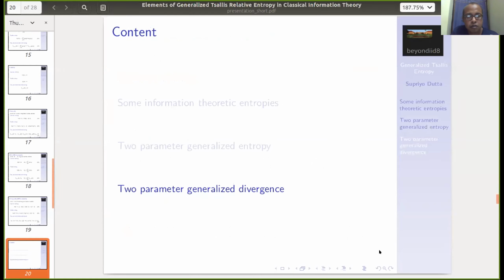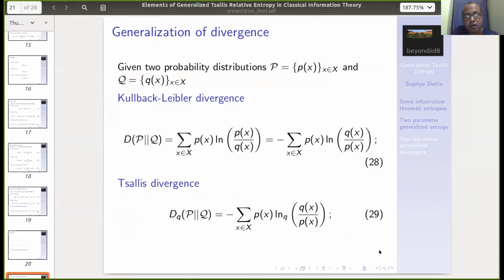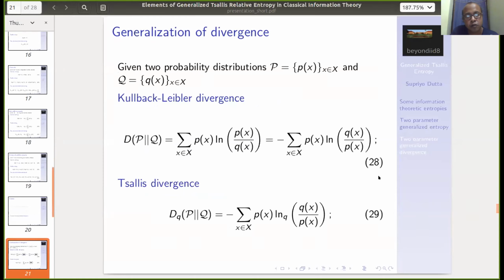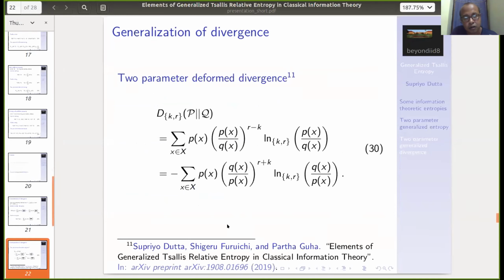We also define a two-parameter generalized divergence. We know that the Kullback-Leibler divergence is the most familiar one, and we can generalize it as the Tsallis divergence. We can also define a two-parameter deformed divergence like this in equation number 30.